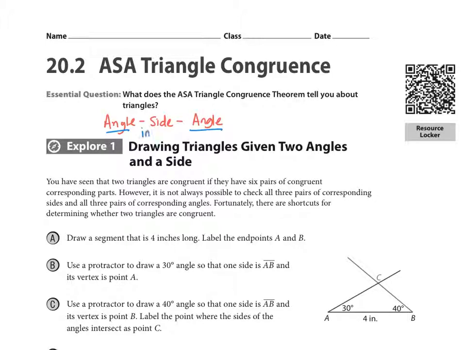The side has to be the included side. Included means in between the 2 angles that we use, and that's why the S is the second letter here. It's in between the 2 A's because it has to be in between.